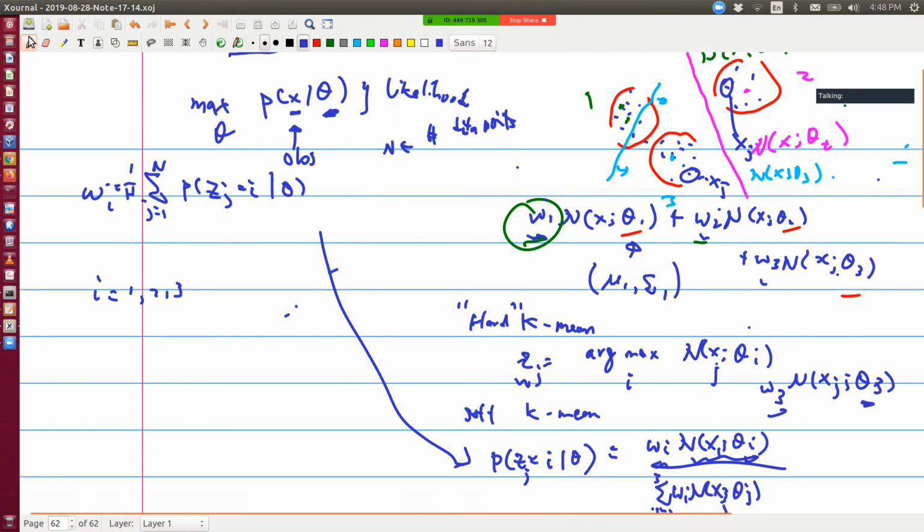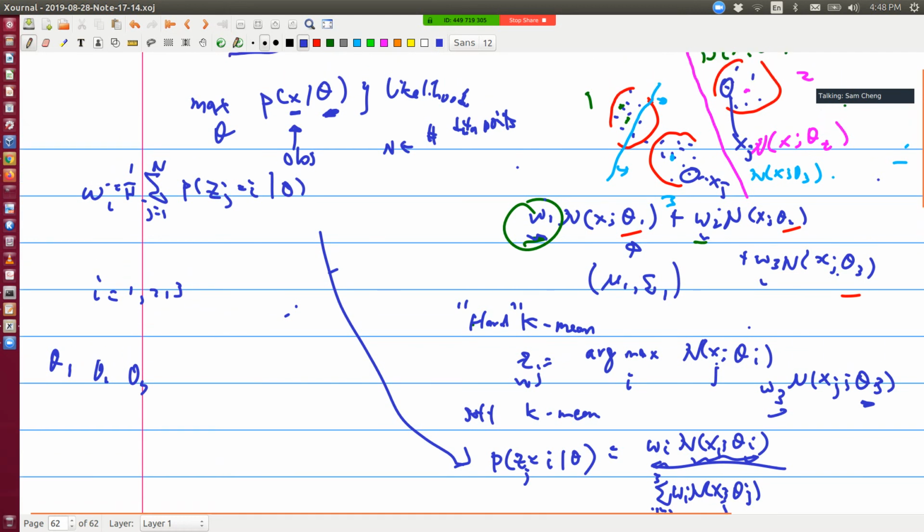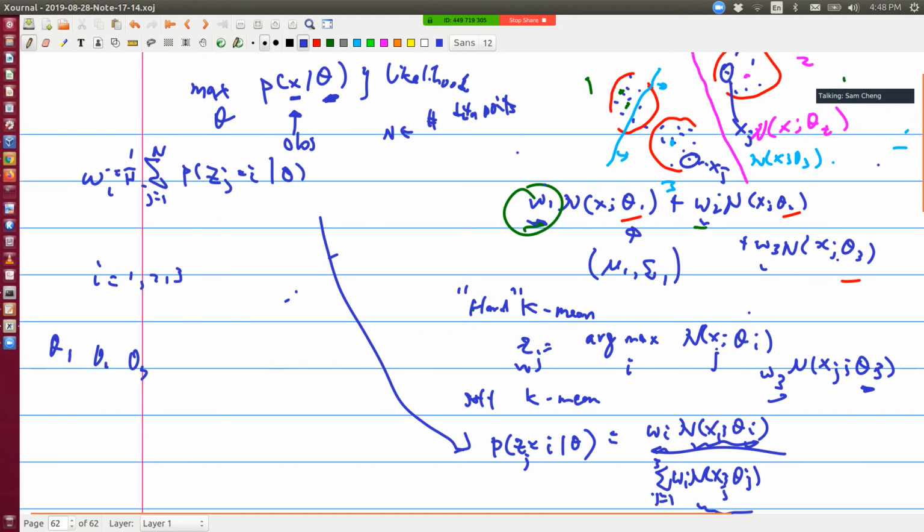Once you have updated this, you can update theta 1, theta 2, theta 3. That's basically the means and the variances. Now you know the membership of each of these points.